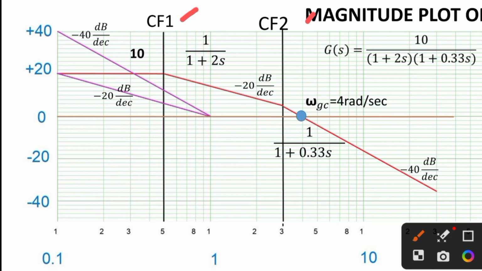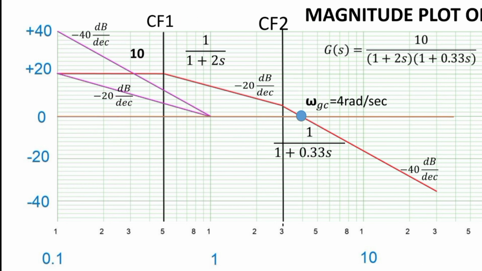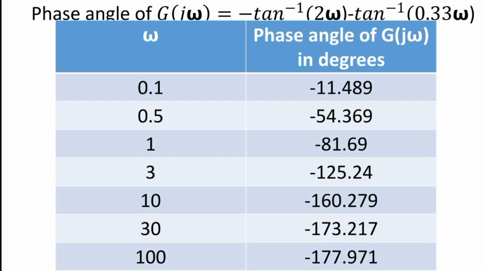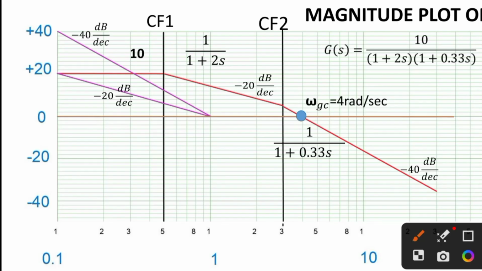And the purple lines are the reference slope, that is reference for minus 20 dB per decade. This is the purple line, this is the minus 20 dB per decade, and here it is the minus 40 dB per decade. This is the reference. Per decade means the difference is 10, between 0.1 to 1.